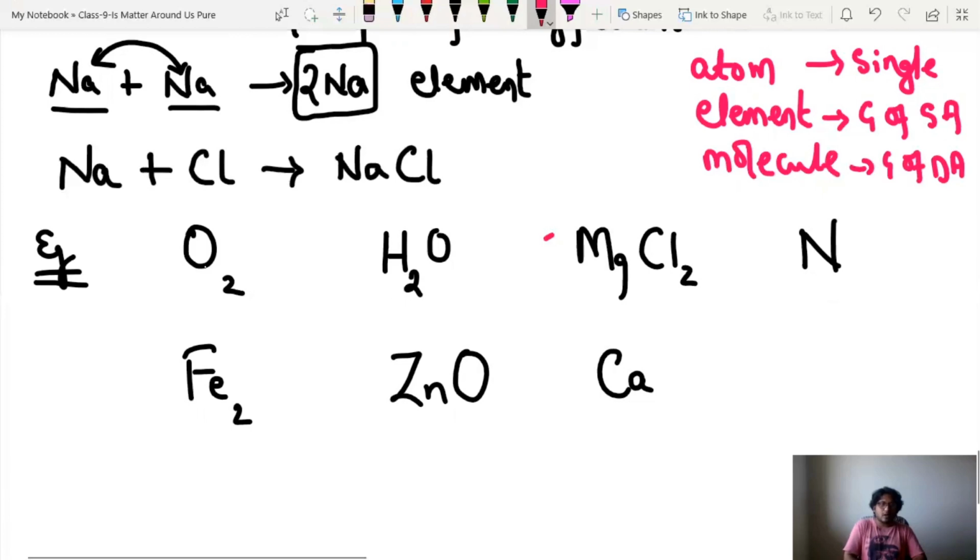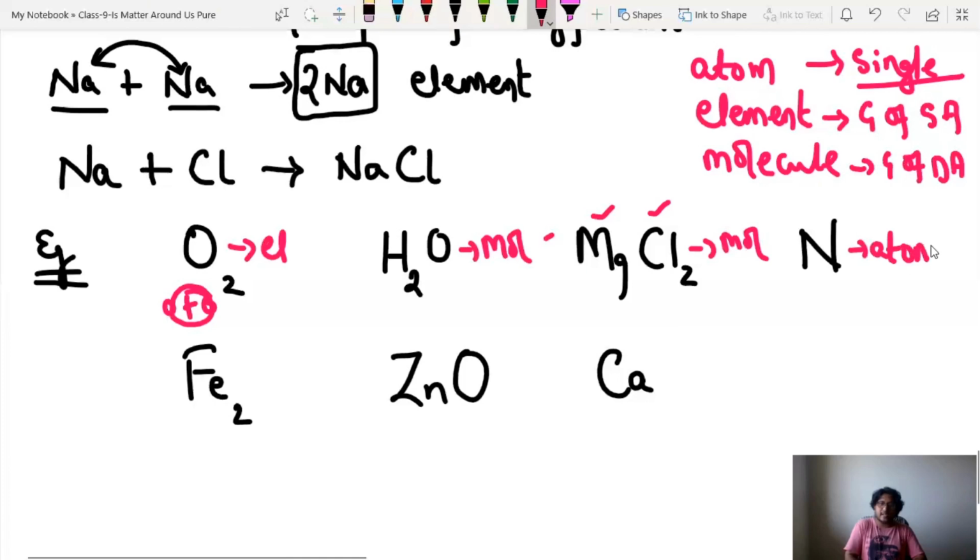Now you see this O2. O2 in the sense it is O plus O, group of similar atoms, so it is an element. H2O, here we have hydrogen, here we have oxygen, both are different. Group of different atoms known as molecule. Here Mg is different, chlorine is different. So both combining together to form again molecule. Now you find only N. N is single. Nitrogen is an atom. Fe2. Fe2 in the sense it is Fe plus Fe.